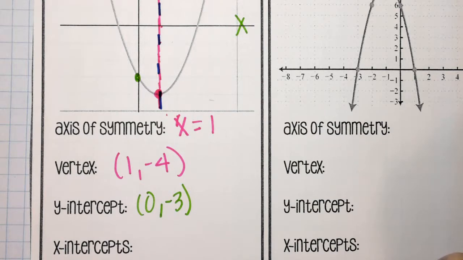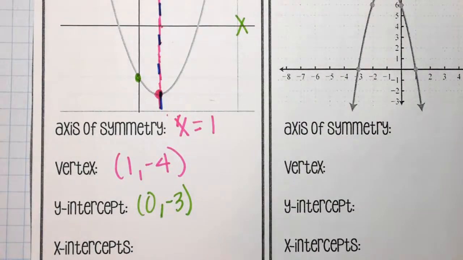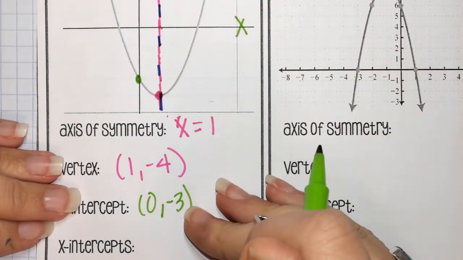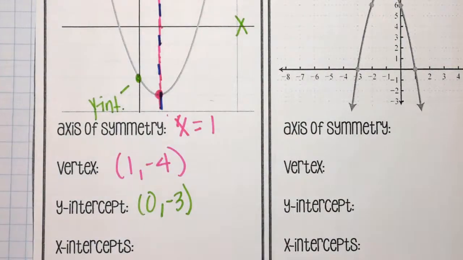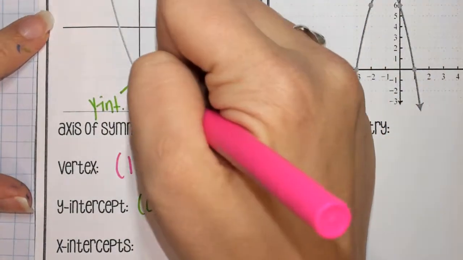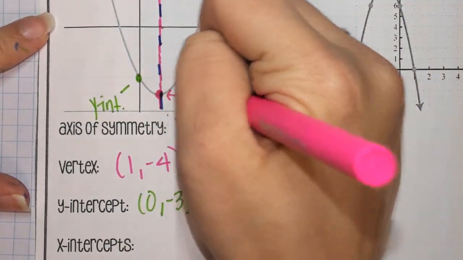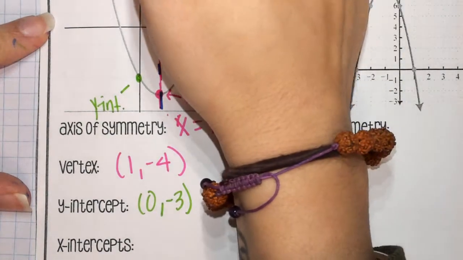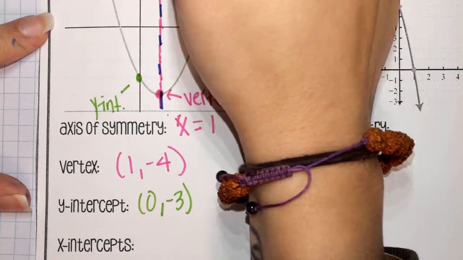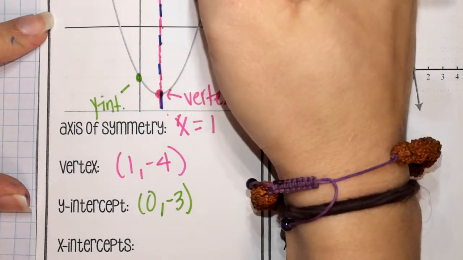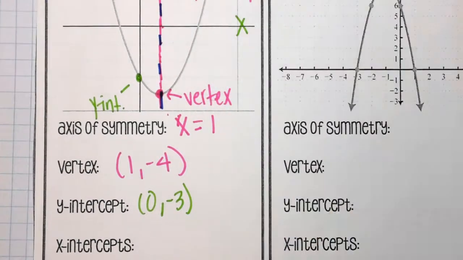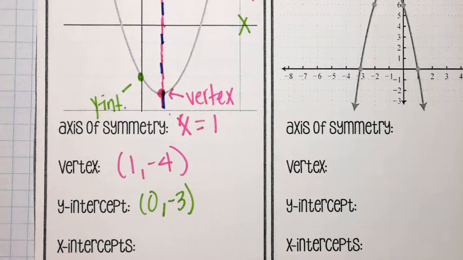Because all we're doing is finding the parts and labeling it. So this is my y-intercept. This point right here is my vertex. This line is my axis of symmetry. So all we're doing is identifying the characteristics and labeling it. That's it. That's all we're doing.